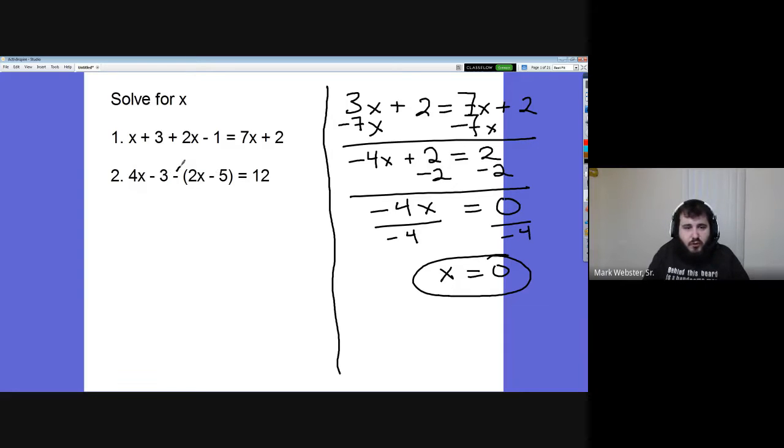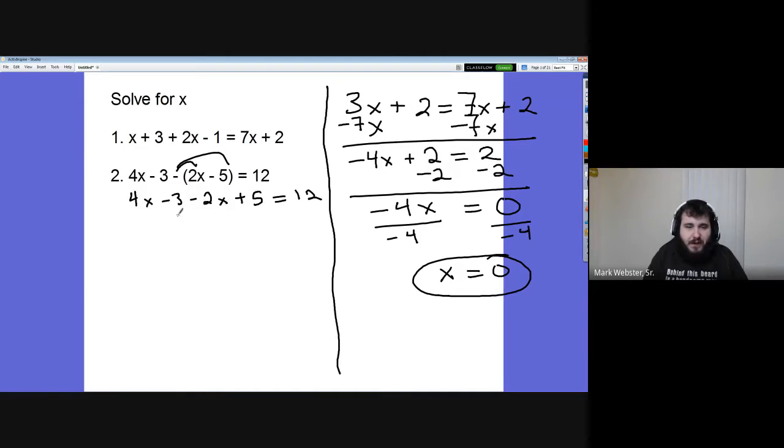So we're going to distribute a negative 1 in and rewrite it like this. Because negative 1 times 2x is negative 2x. Negative 1 times negative 5 is positive 5. It's all still addition and subtraction. There should be no multiplication resulting here, right?